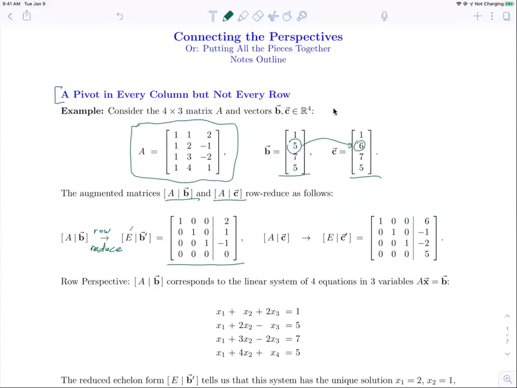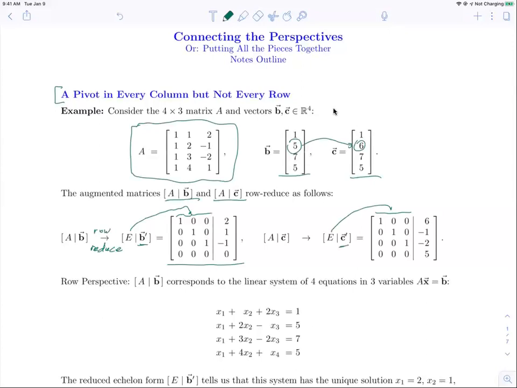I'm calling E the 4 by 3 matrix that you get, the row reduced type. Maybe E is for echelon. And it's the same E in both cases, whether I row reduce augmented by B or by C. And I'm calling the new vectors B prime and C prime just to give them names.